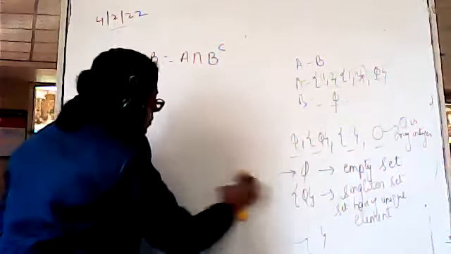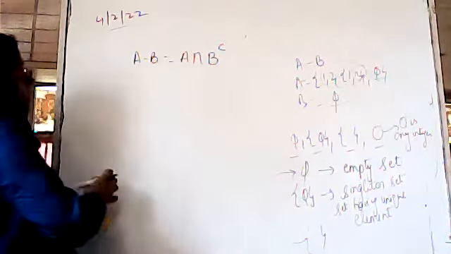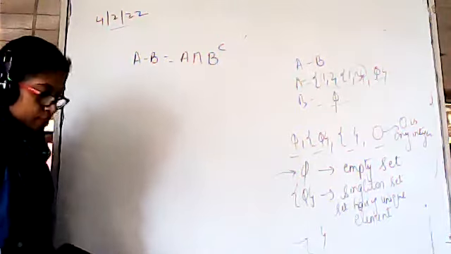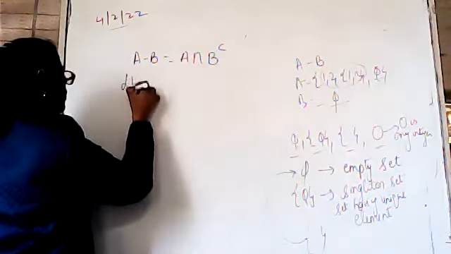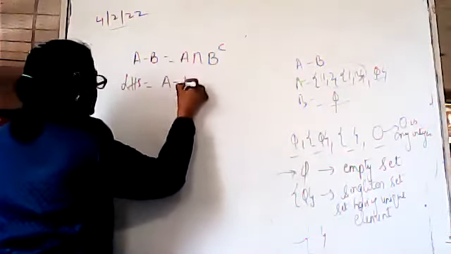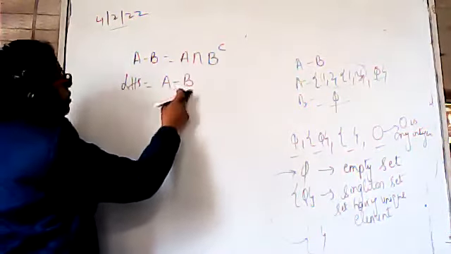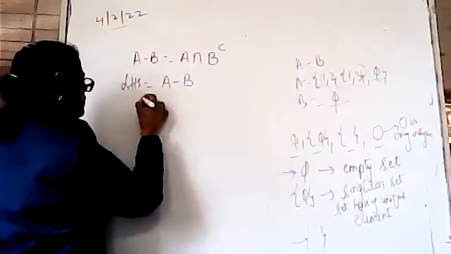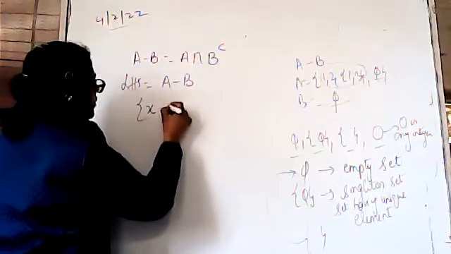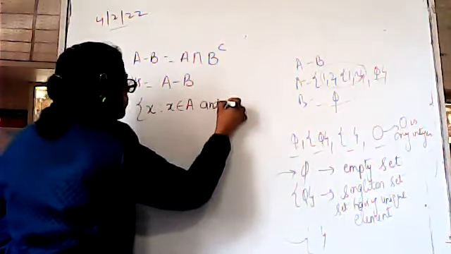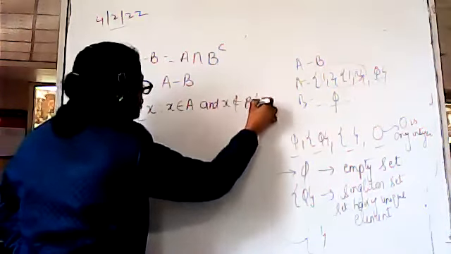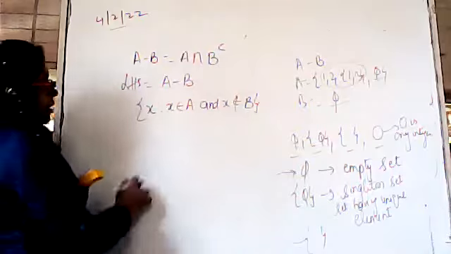A minus B equals A intersection B complement. We can prove this result also. How? Left hand side is A minus B. According to the definition of difference of two sets, this set has elements x such that x belongs to A and x does not belong to B. This is the definition of difference of two sets.